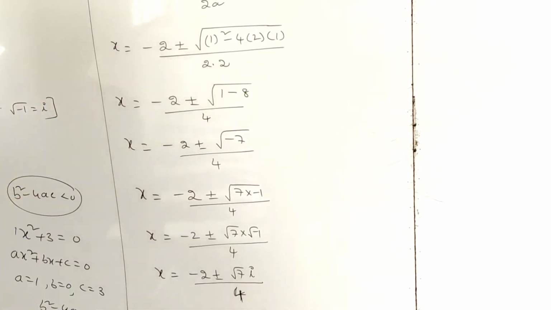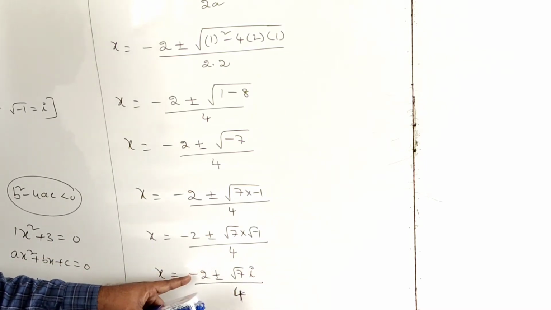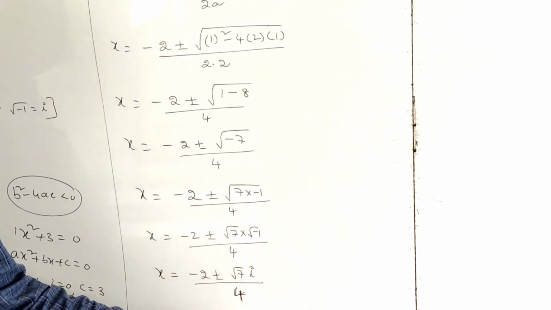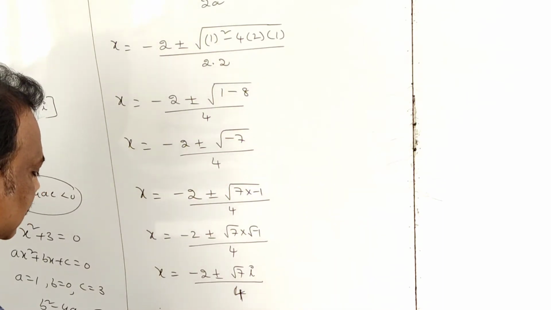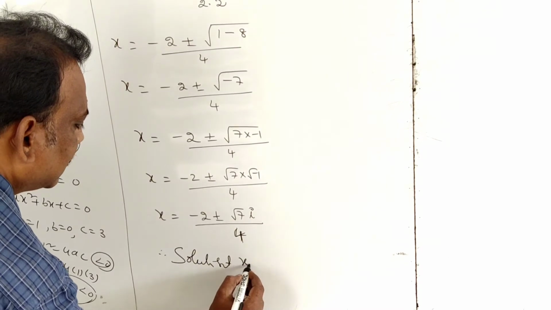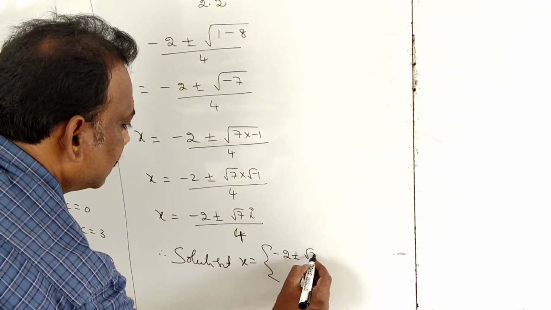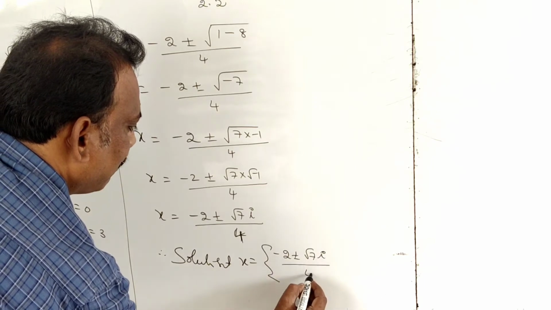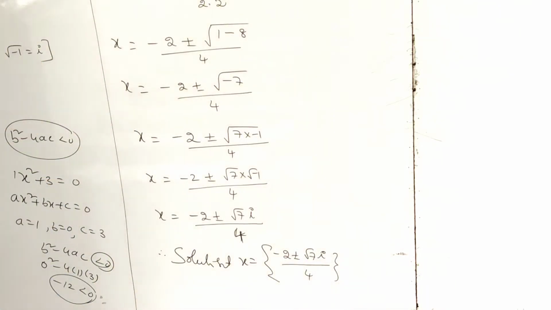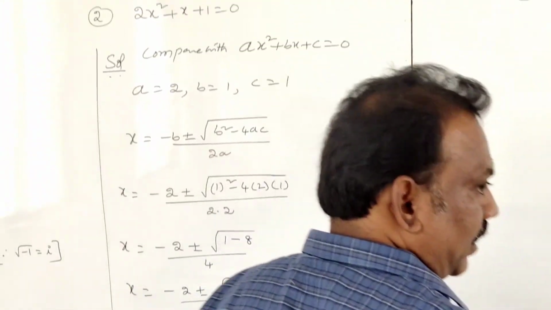So here also we have two roots: minus 1 plus root 7i by 4, and minus 1 minus root 7i by 4. Therefore the solution set is x is equal to the set of minus 1 plus or minus root 7i upon 4. Clear, students? So we have to solve like this. One more question I will solve. Check it here.